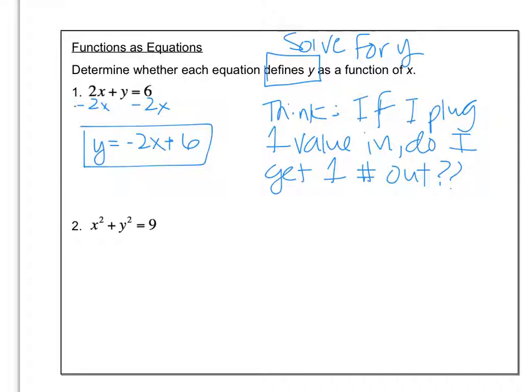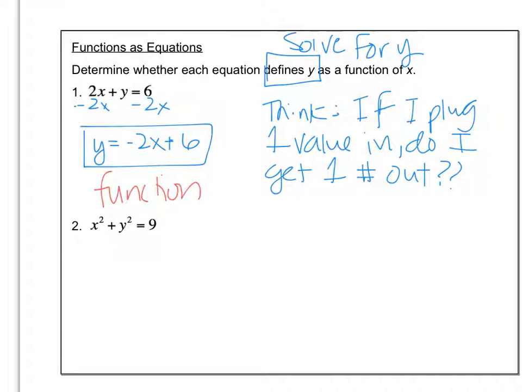If you plug a number in, you can think of an exact value, but it has to apply for all values. So if I plug one number in here, how many answers am I going to get out? If I plug in 5, how many answers do I get? 1. If I plug in -7, how many answers am I going to get? 1. So this is a function.